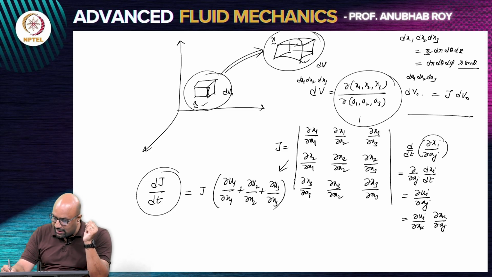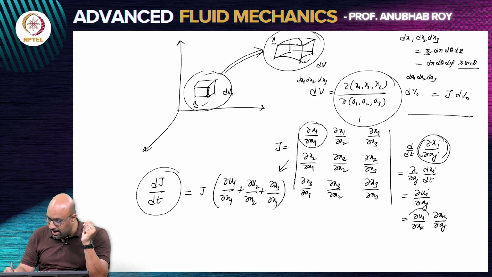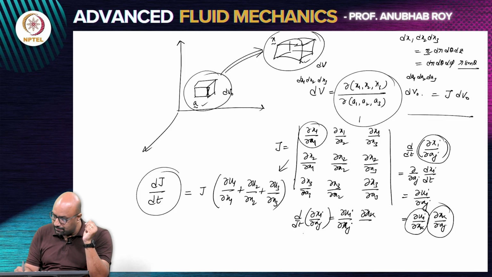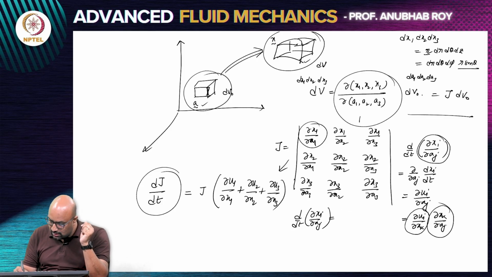So you can see that when I am taking a time derivative of any of these entries, it is going to be related to the velocity gradient multiplied by a similar entry. So d/dt of one particular entry here is ∂ui/∂xk times ∂xk/∂aj.